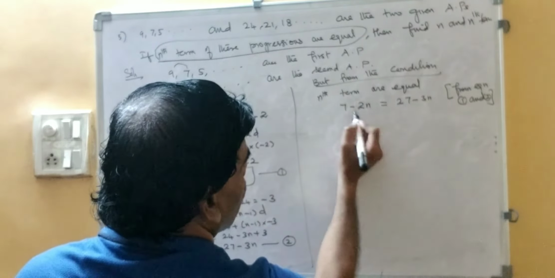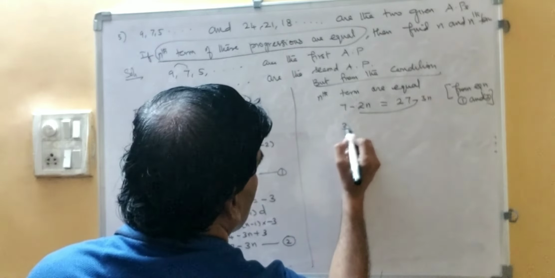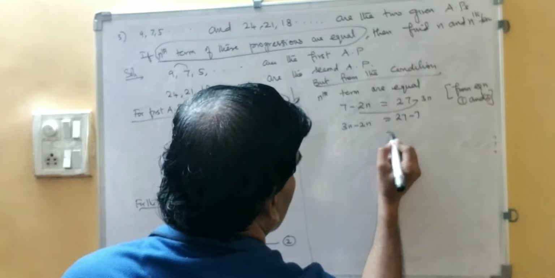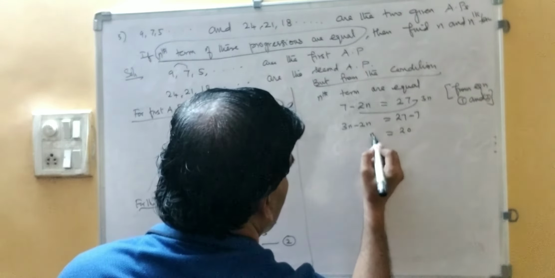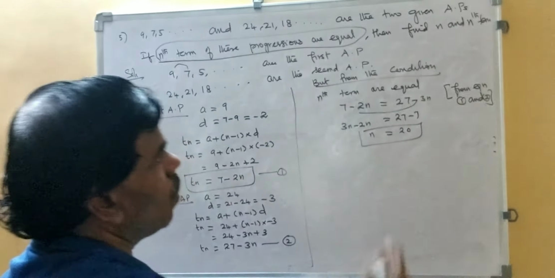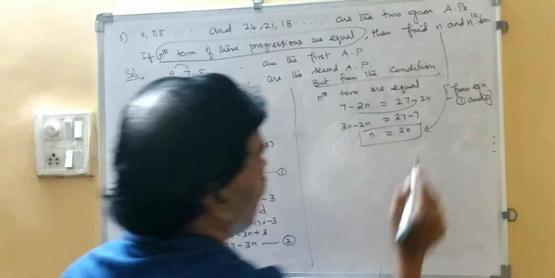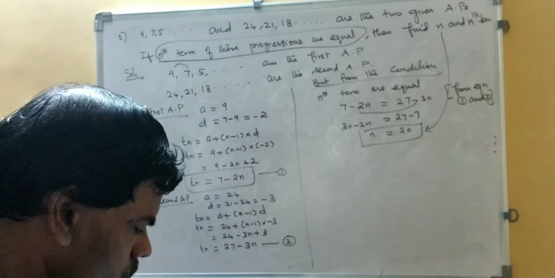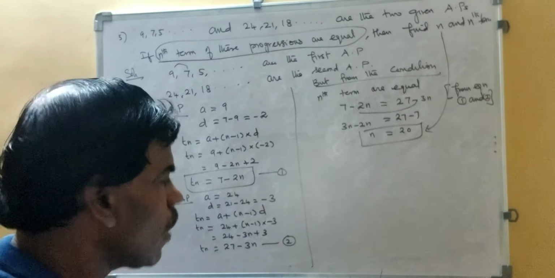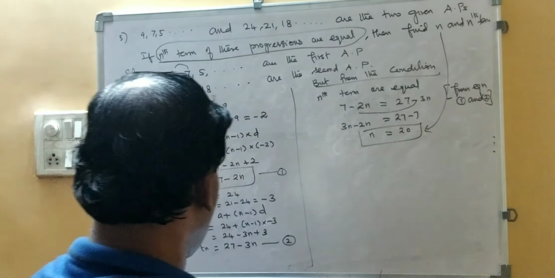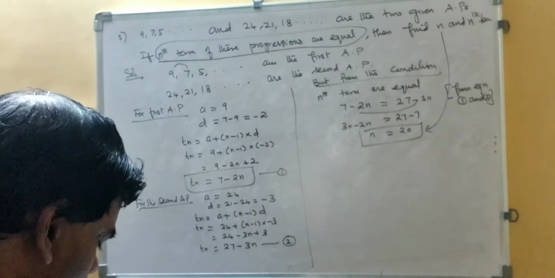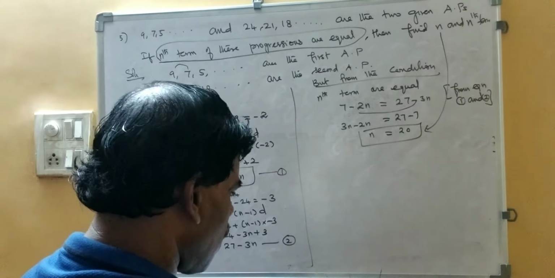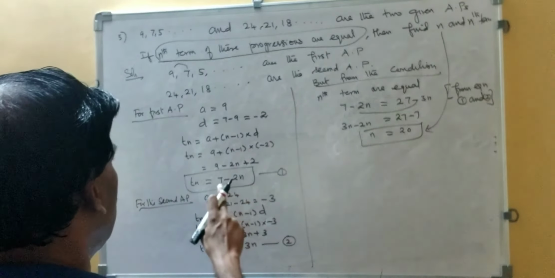So now we will take it here. 3n minus 2n equal to 27 minus 11, which is equal to 16. So we got n equal to 16.